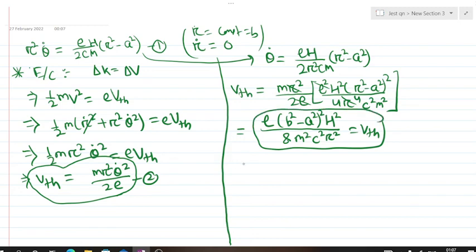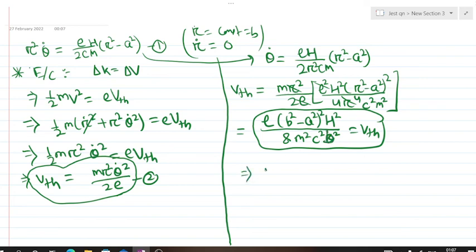But the electron should reach at the outer cylinder but can't go outside. So put r equal to b.